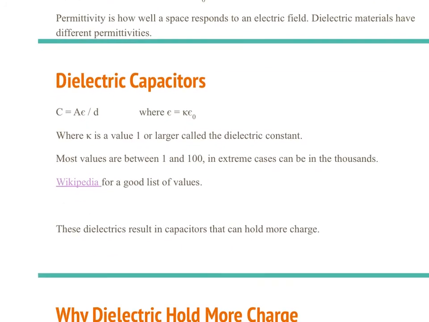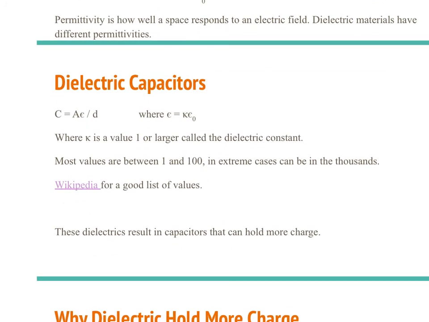This page sends you off to Wikipedia, because there's a Wikipedia page that lists dielectric constants. So if you go to Wikipedia and look up dielectric constants, you'll get a page that talks about these different materials you can put in the middle of a capacitor.